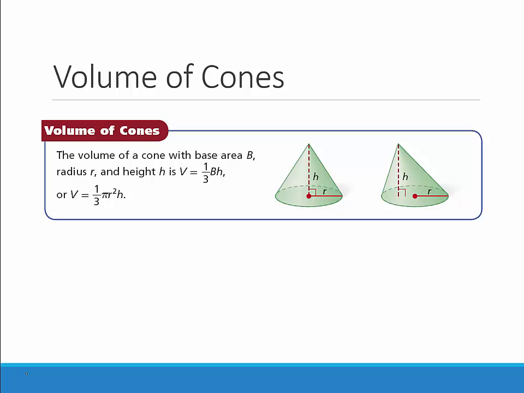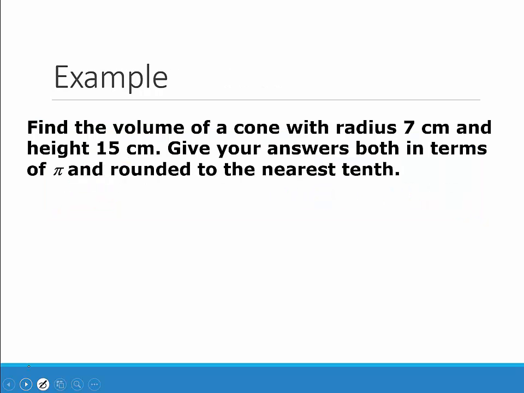So a cone is very similar. It is 1/3 base times height, but because the base is a circle, we tend to write it as 1/3 pi r squared h. And the steps are exactly the same. So if I give you a problem like this, find the volume of a cone with a radius of 7 centimeters and a height of 15, you can give your answers in terms of pi, and then once we type it into the calculator. So remember that volume is 1/3 pi r squared, because that's our base, times our height.